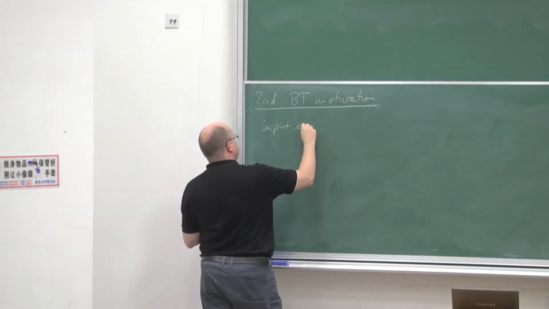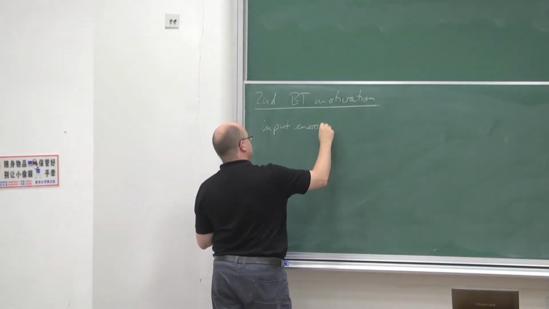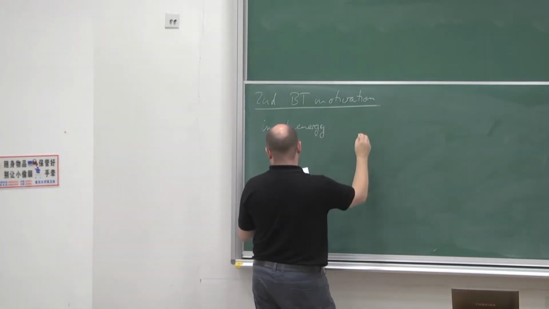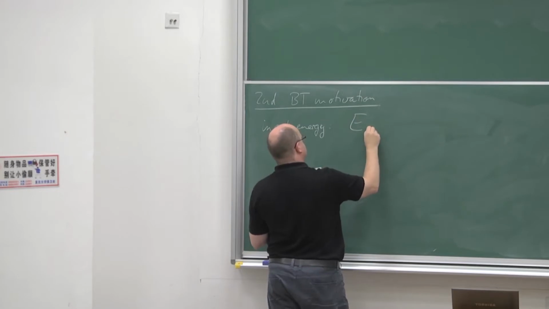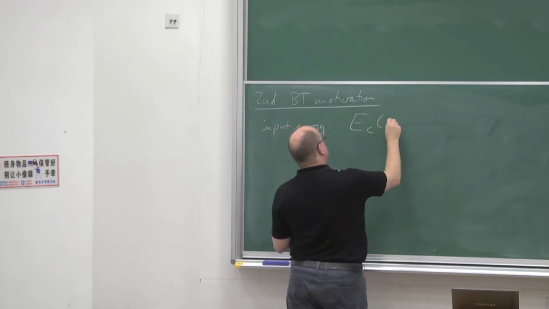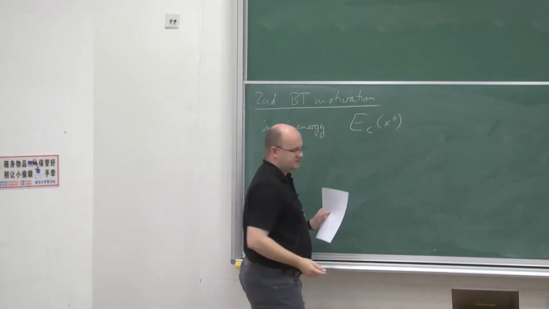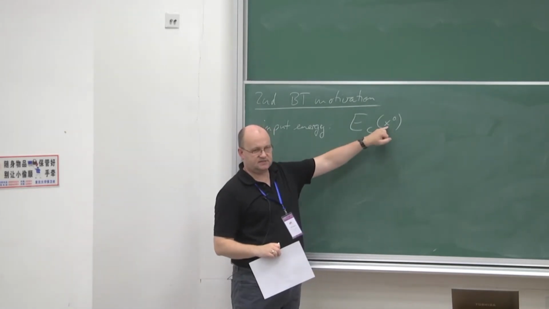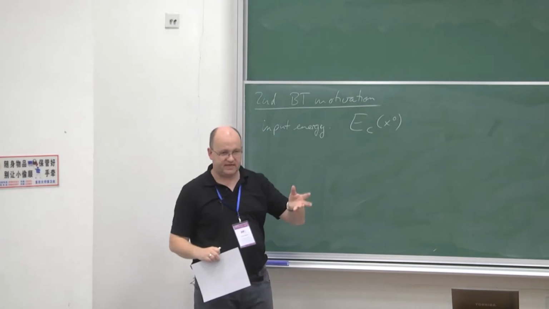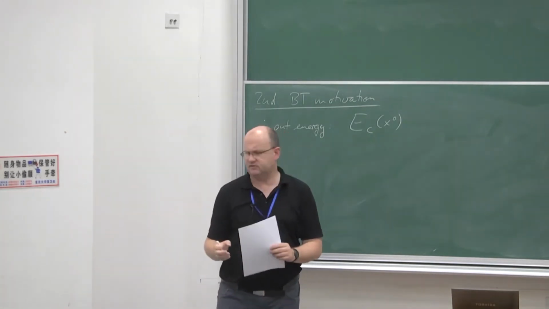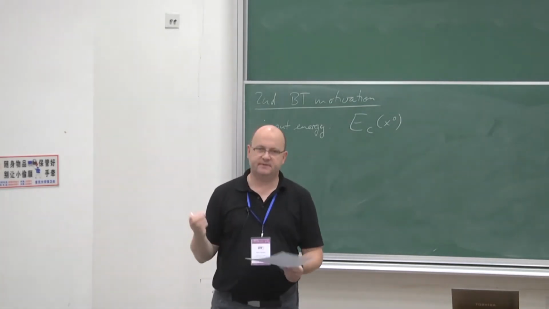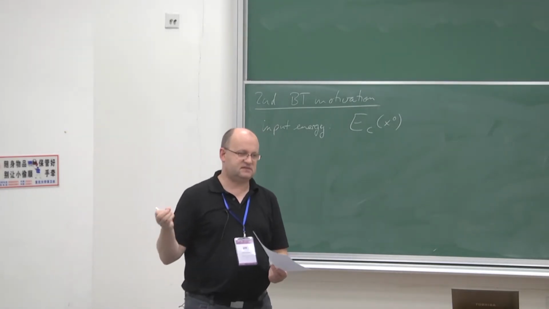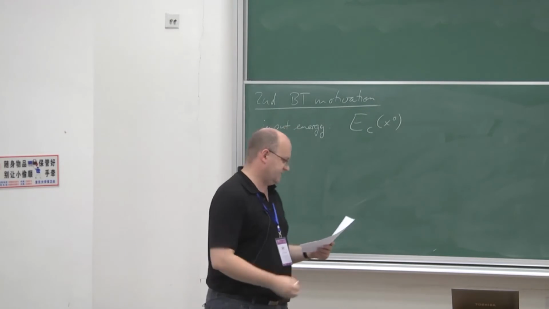And we define the input energy, which gets an EC for controllability, because it actually describes the controllability of this state x0. Or the reachability, one should better say, I guess. It describes the energy one needs to reach the state x0.